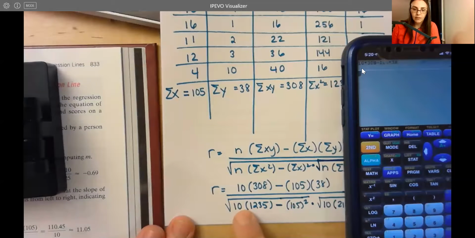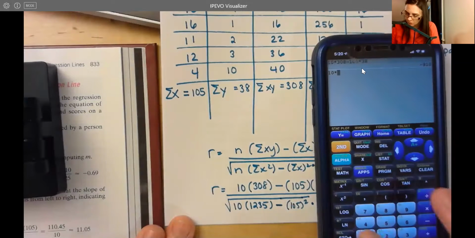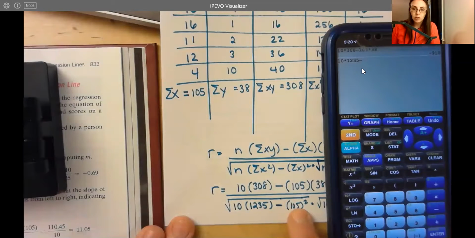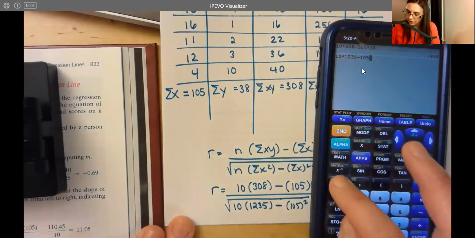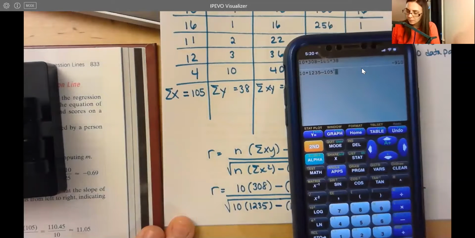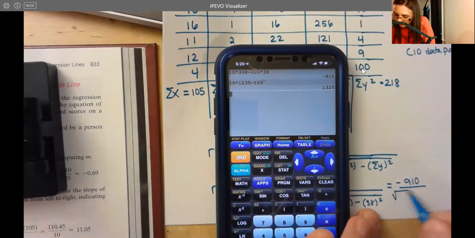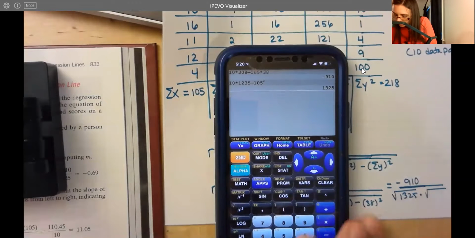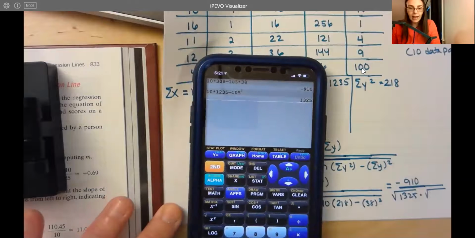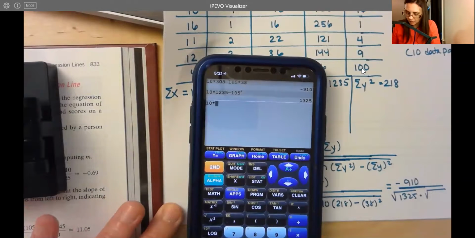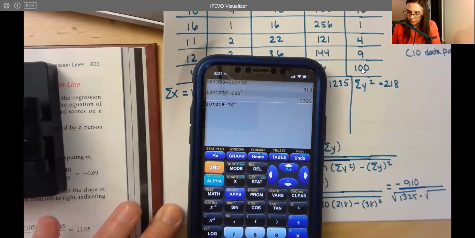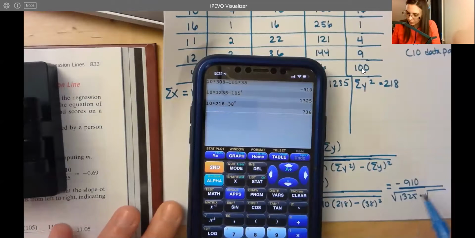Inside the root, I have 10 times 1235 minus 105 squared. So for the first square root, I'm getting the square root of 1325. And for the second square root, I have 10 times 218 minus 38 squared, and I get 736.